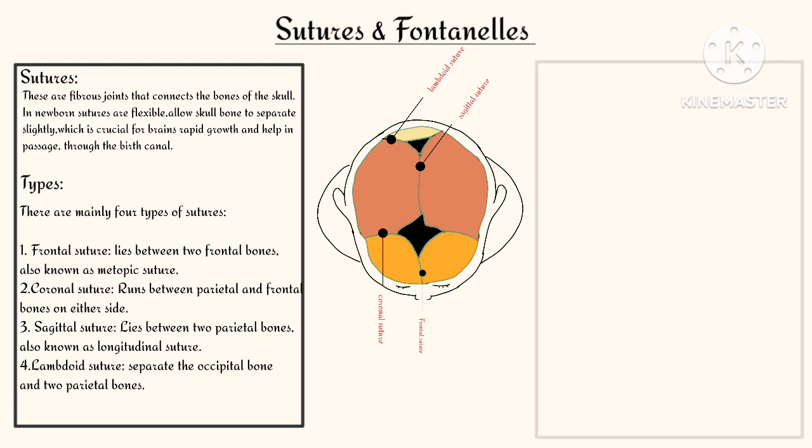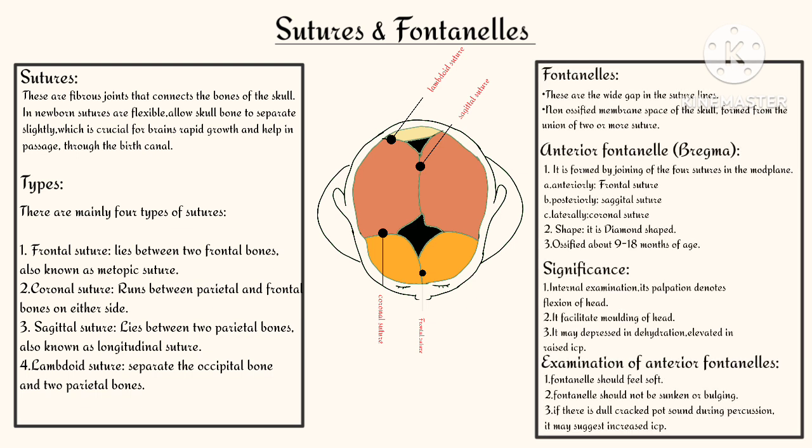Now come fontanelles. Fontanelles are the wide gaps in the suture line. These are non-ossified membranous areas of the fetal skull formed from the union of two or more sutures. There are a total of 6 fontanelles, but only 2 are of obstetric significance. These are anterior fontanelle or bregma and posterior fontanelle or lambda.